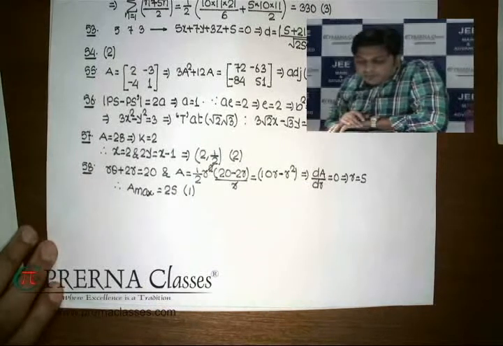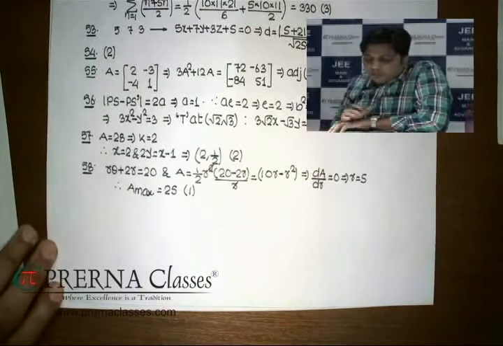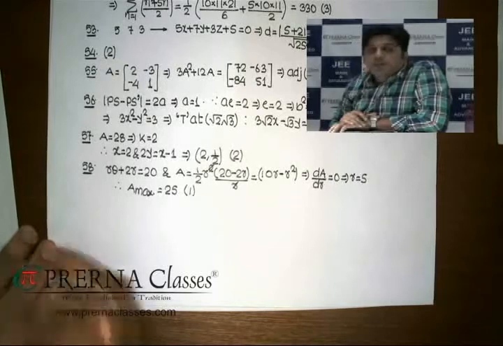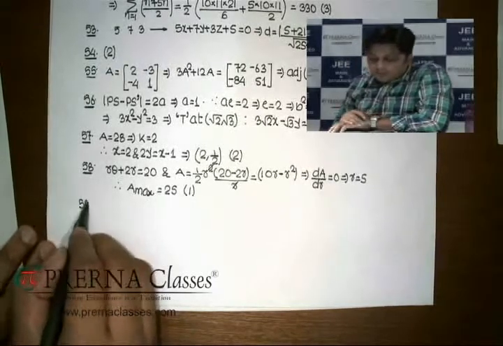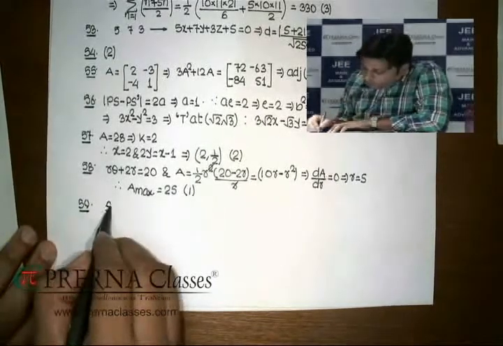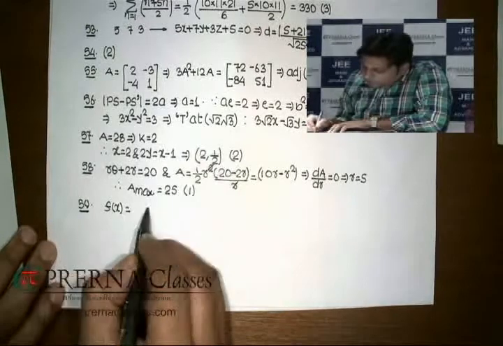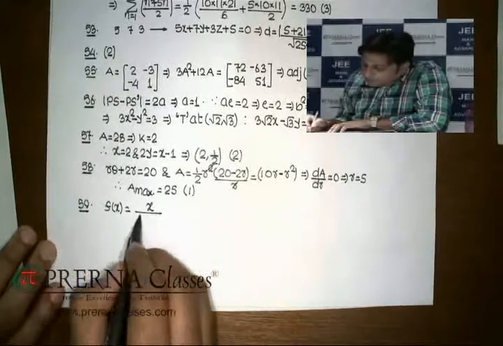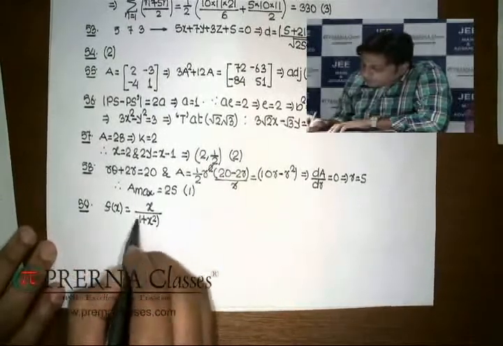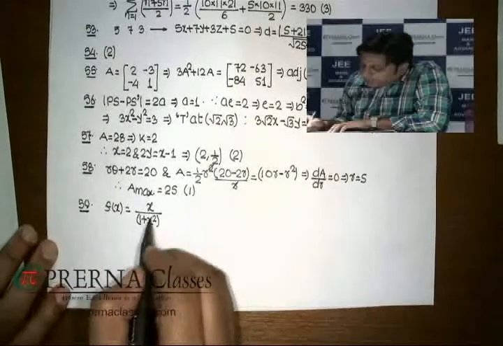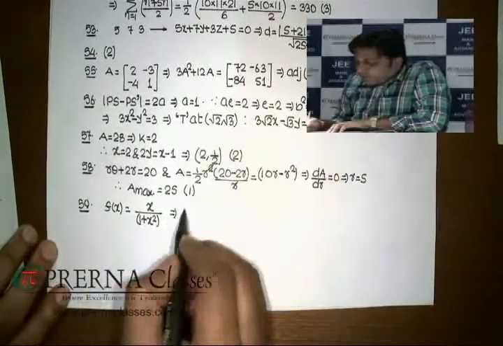59th question, again a function from the set of real numbers to the closed interval minus half to plus half is defined. f of x is x by 1 plus x square. It's an odd function.